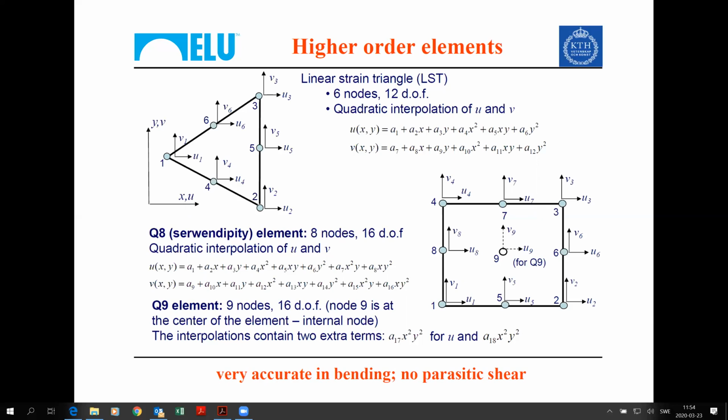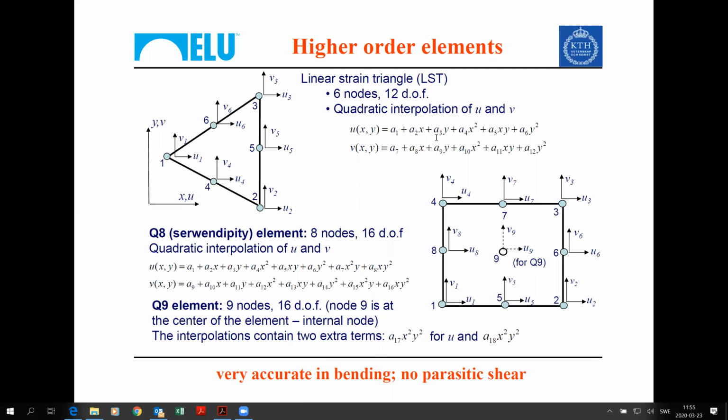1, 2, 3 at the apex, and 4, 5, 6 at the middle of the edges, 1-2, 2-3, 3-1. In this case, we have 6 condition equations. So we will be able to accommodate a quadratic interpolation of u and v.